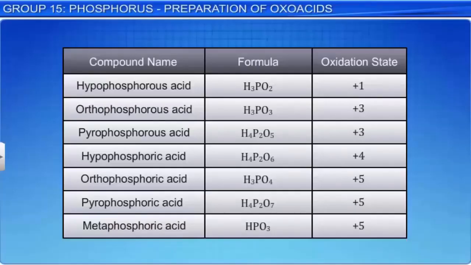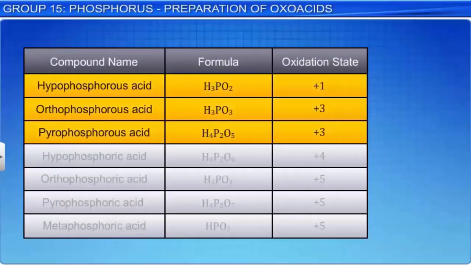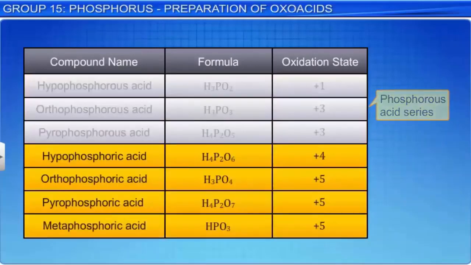The oxo acids in which phosphorus exhibits lower oxidation states of +1 or +3 constitute the phosphorus acid series, while the ones in which phosphorus exhibits higher oxidation states of +4 or +5 constitute the phosphoric acid series.